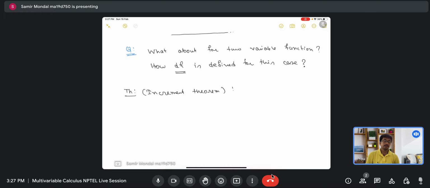Then our given function is continuous on the domain D, and the total increment can be written in an interesting form.